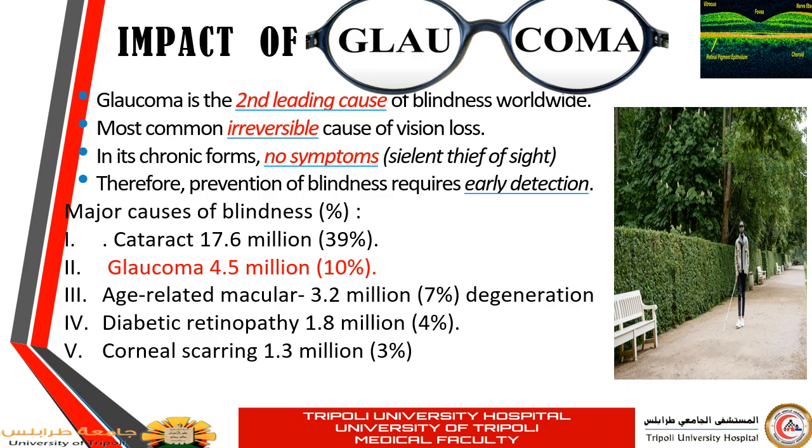And the importance of glaucoma is that it is irreversible and silent, with no symptoms. That's why it's named the silent thief of vision. Hence, quick action for early detection and prevention is mandatory for prevention of blindness.